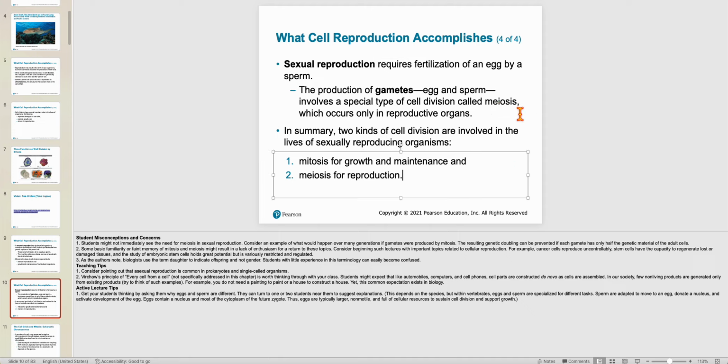Now here the difference is that meiosis is for reproduction only, as you can see on this slide. Now the thing about meiosis is that you're giving each egg, each sperm, half the number of chromosomes. Of course, it's going to be randomized in terms of which half you give, and that's why meiosis gives you genetic variation.